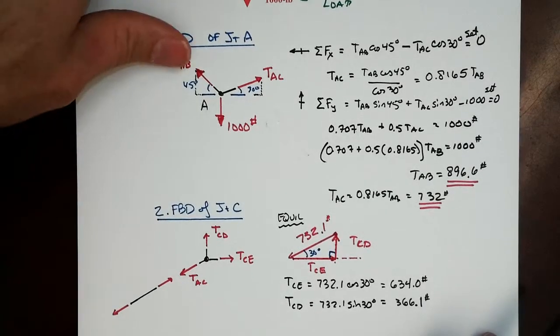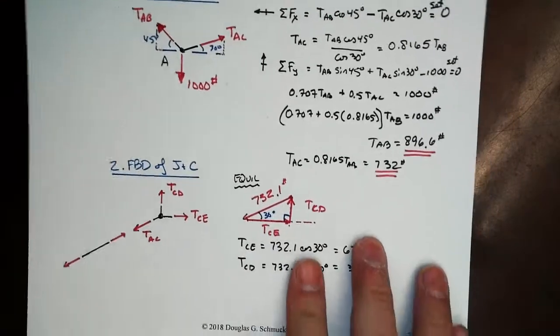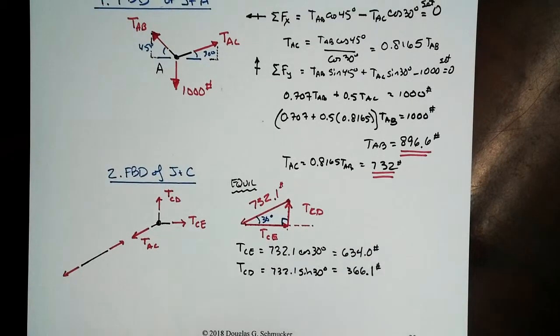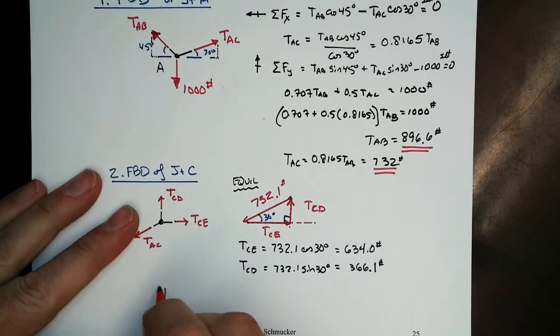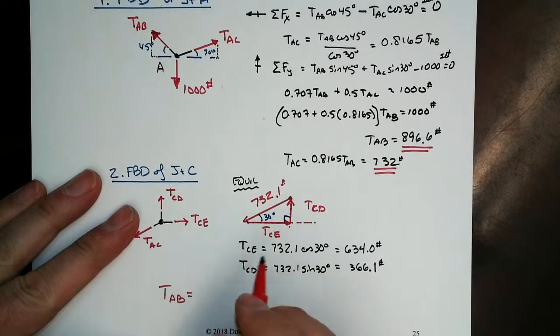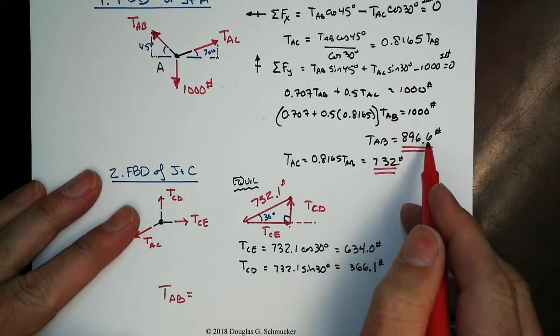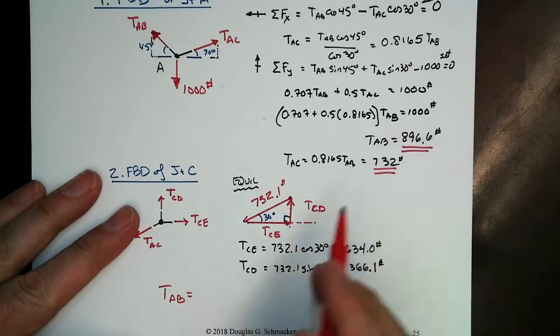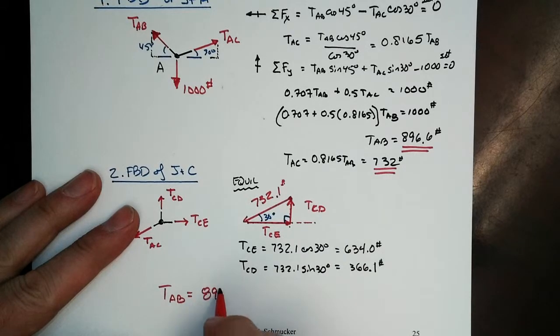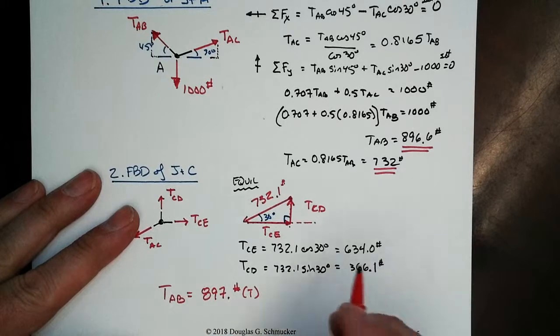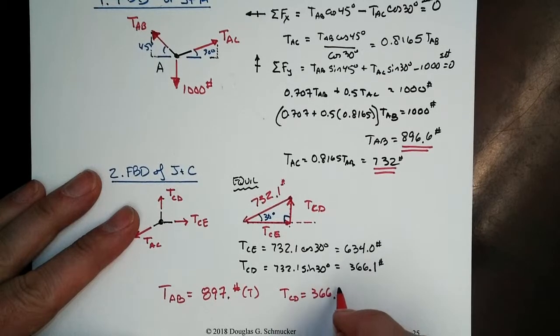And so what's my final answer? Well, my final answer is going to be the following, that we have TAB, which we wanted, at 896.6, doesn't start with a 1, so we're going to round up to 897 pounds, of course in tension. We have TCD equal to 366 pounds.